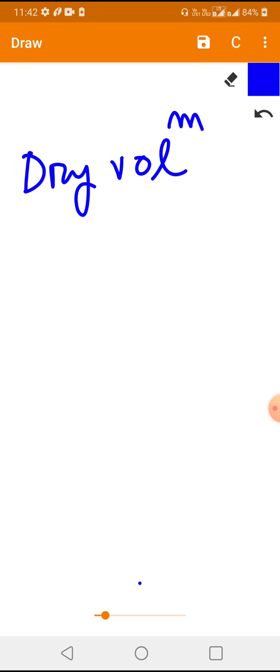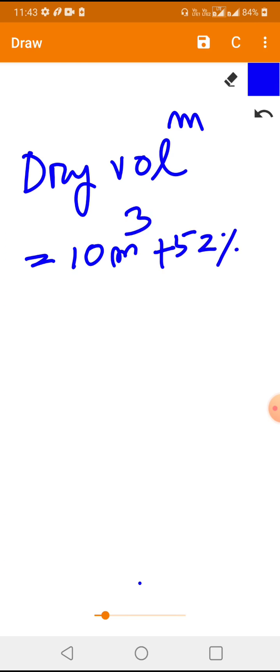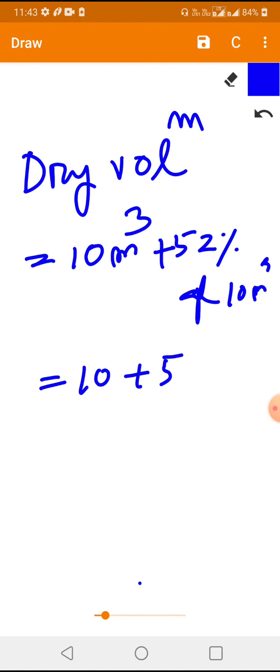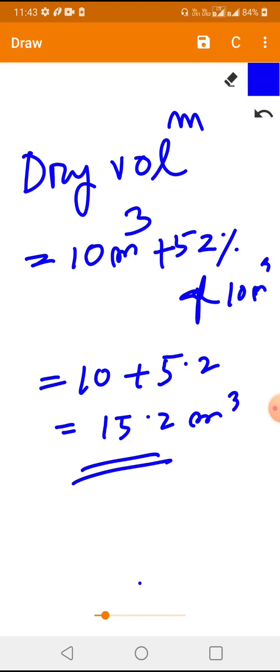So what will be the dry volume? Ten meter cube plus 52% of 10 meter cube. So 10 plus 5.2, ultimately 15.2 meter cube is the total dry volume of the ingredients.